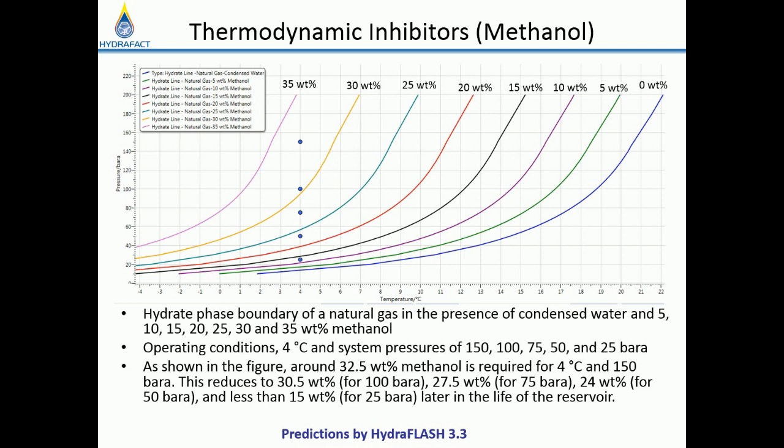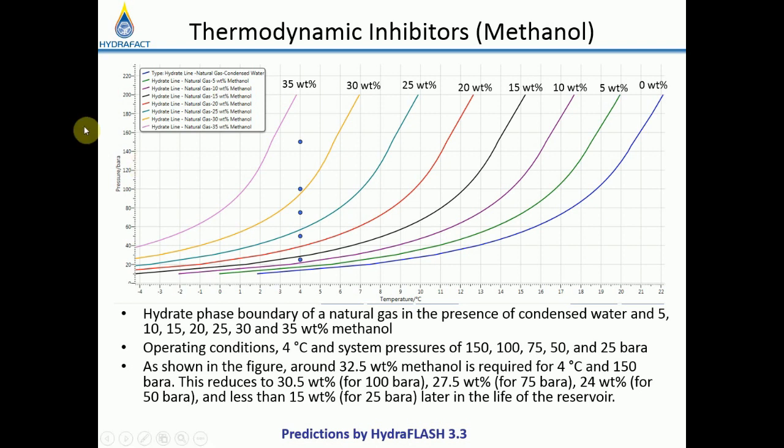In such a case, we can say at early days of the reservoir, we need around, this is 35, this is 30, so we need around 32.5 weight percent methanol to avoid hydrate at the worst condition of 4 degrees Celsius and 150 bar.